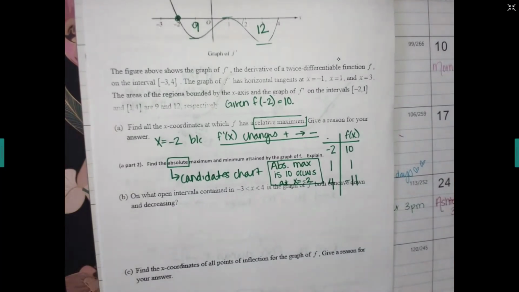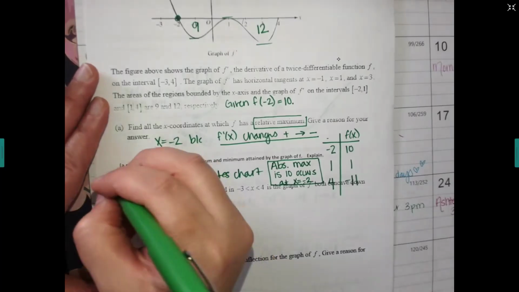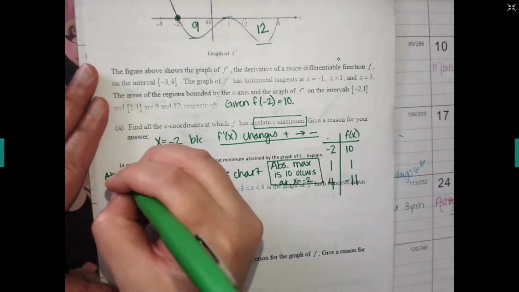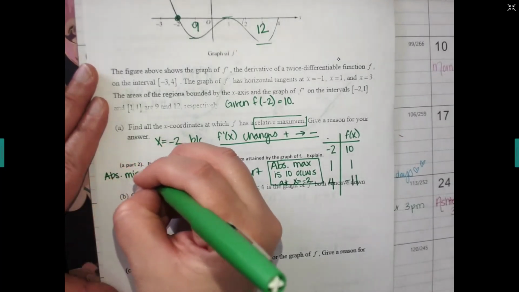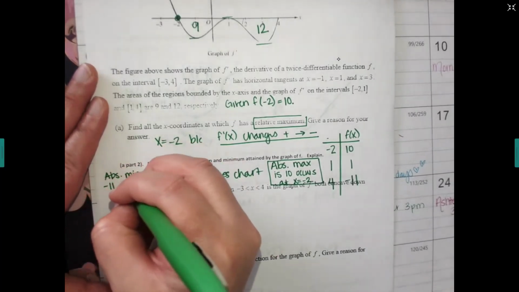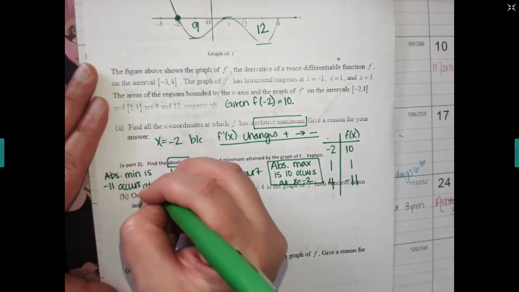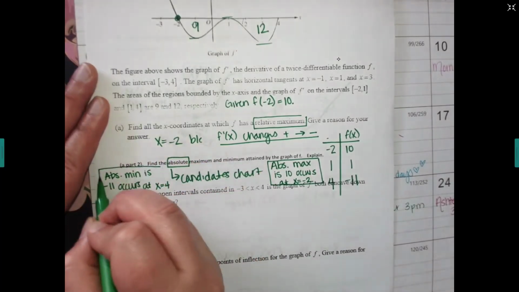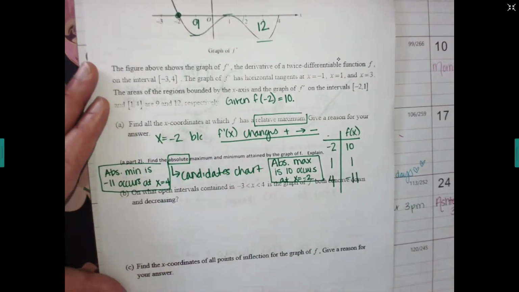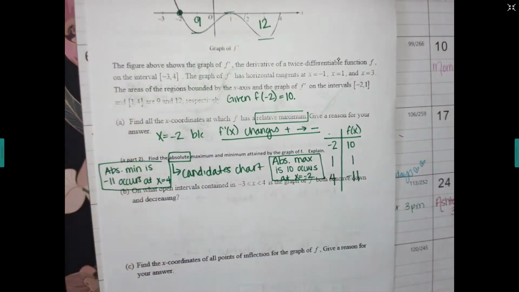Okay, then for the min, what would you say? -11. So your absolute min is -11. And it occurs at x equals. Okay, and I would always answer the question with that little sentence because sometimes they want the max, sometimes they want to know when the max happens. That way you're just always answering the question. Okay, but that's really only for absolutes.